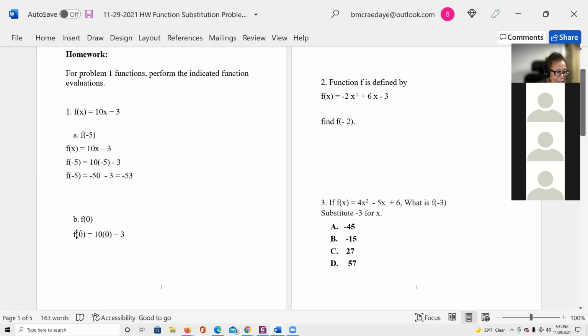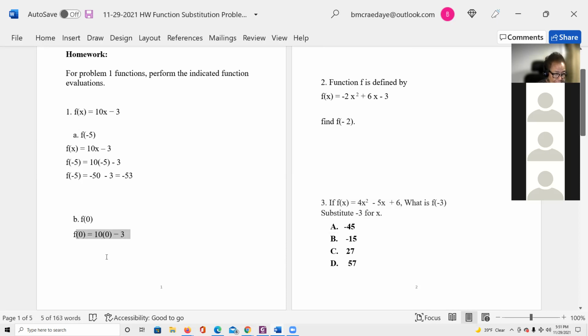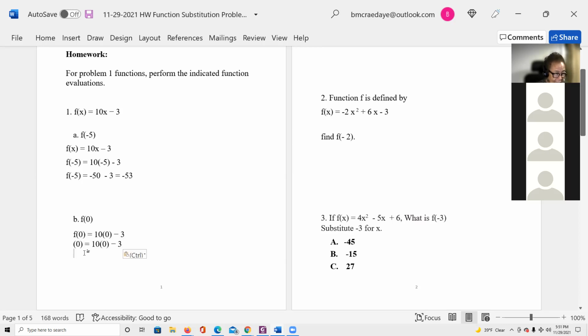And so f of 0, what would be the answer here, Audrey? Negative 7. How are you getting negative 7? This is f of 0. 10 times 0, what's 10 times 0? 10 times 0 is 0.